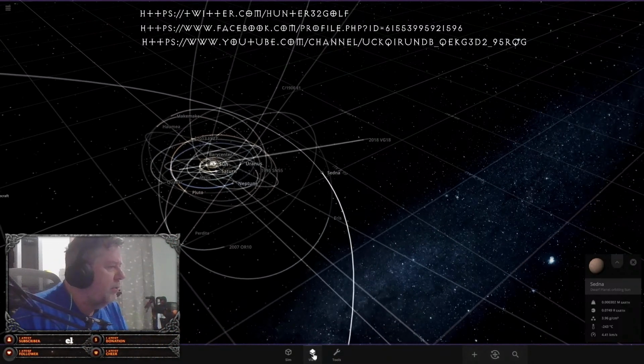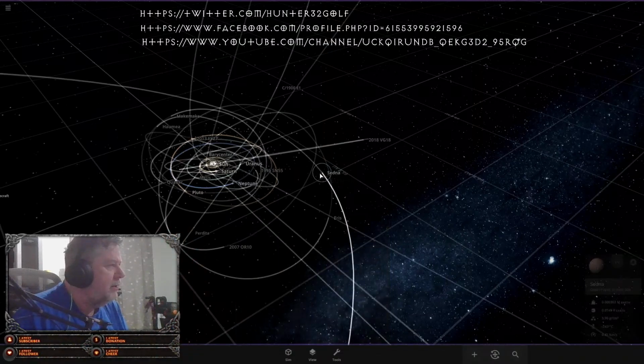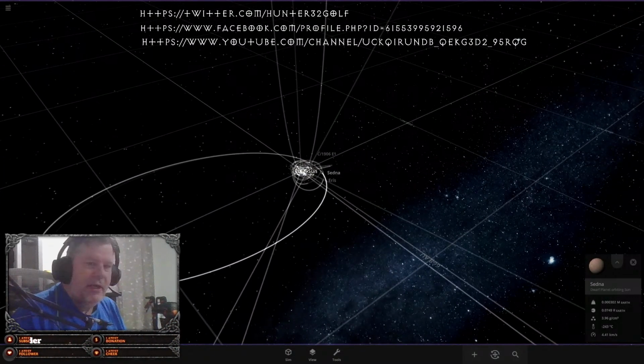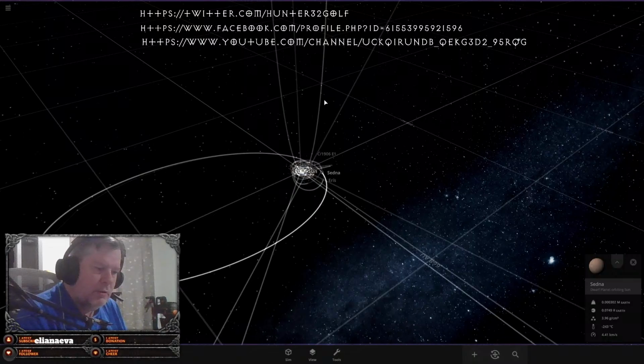All right, if I have orbits on, so if I click on Sedna again and I zoom out, right, the sun is right here. And look at this, how this loop goes. Now notice that there are trails for other objects because we know there are other long period comets.